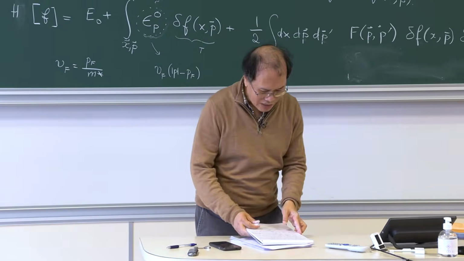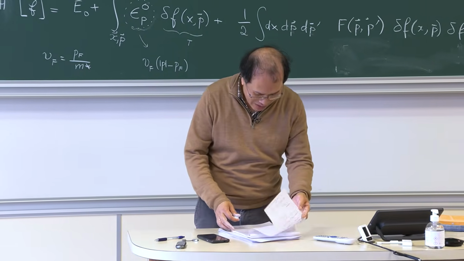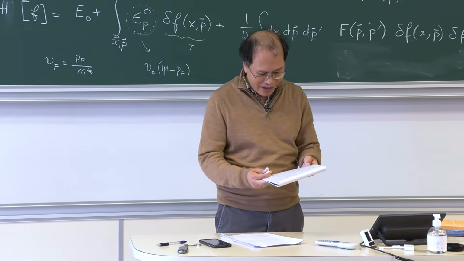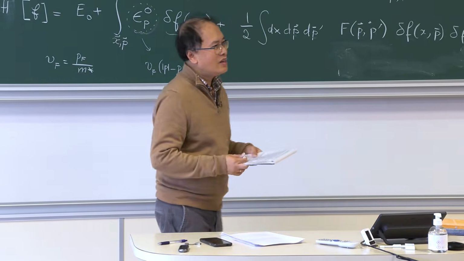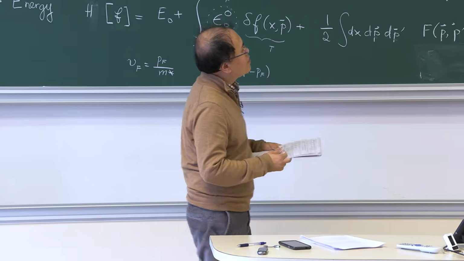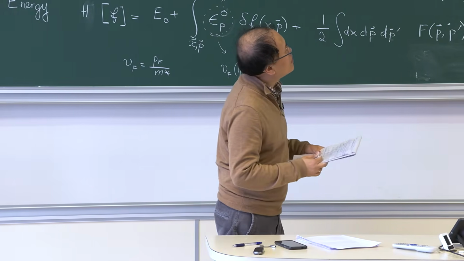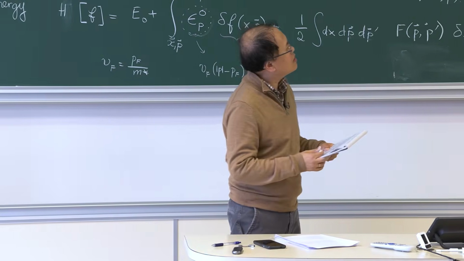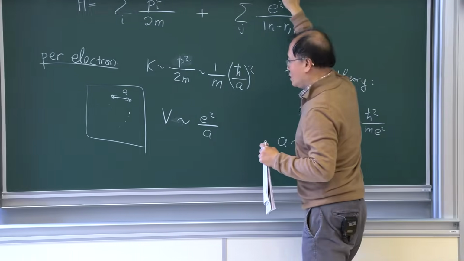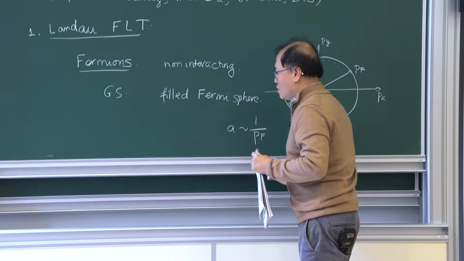But maybe I would present to you one calculation by Landau using Landau's theory, show that it gives the correct answer, and then we can all appreciate that it's a very non-trivial theory.